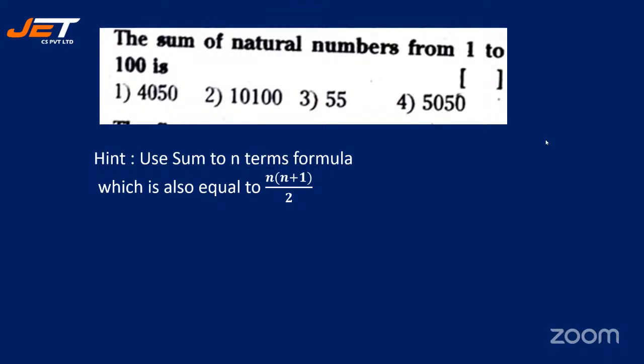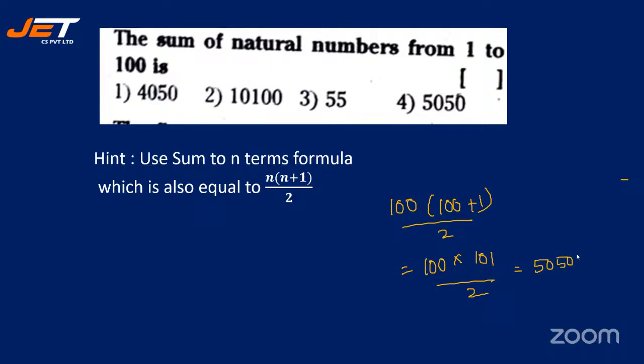Okay. So n is 100, so 100 into 100 plus 1 by 2, which is 100 into 101 by 2, which is 5050. So let's see the answer. Yes. The answer is option 4.